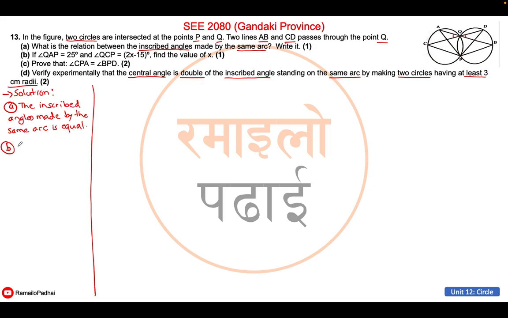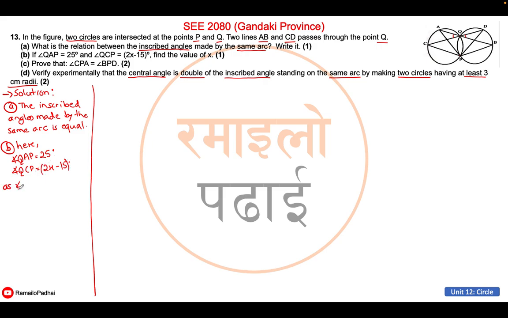Now moving on to question number B. Here angle QAP is equal to 25 degrees and angle QCP is equal to 2x minus 15 degrees.